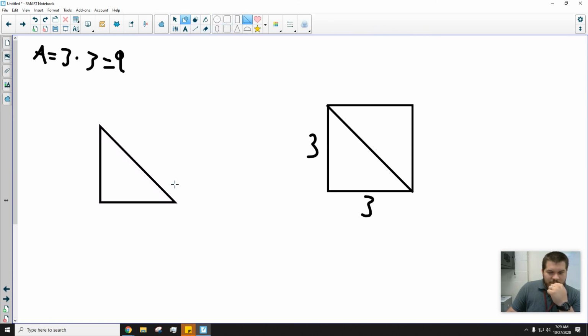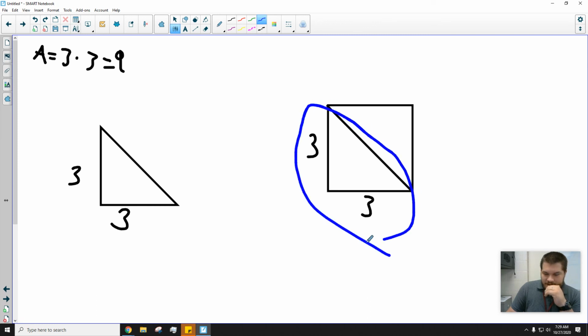I'm not doing this in a very organized way, but okay, so I can say that I rip this piece out here and I put it over here, okay? It's from the same square, but it's half of that. So this should be half of this area, right?